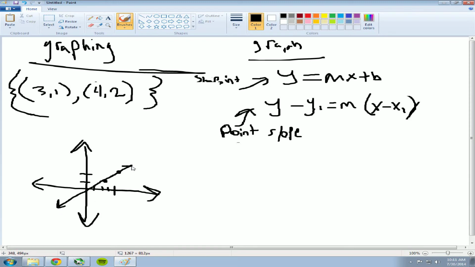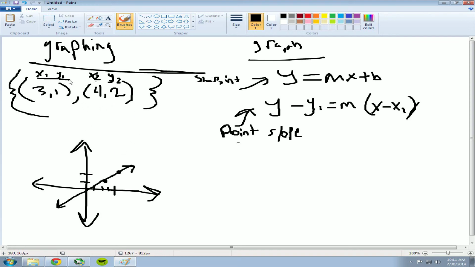What is this graph? Okay. So the best way to do this is, first, we have to assign x1, y1, x2, y2. When you assign these, a lot of people get confused because they don't know which one's x1, which one's x2, which one's y1, which one's y2.